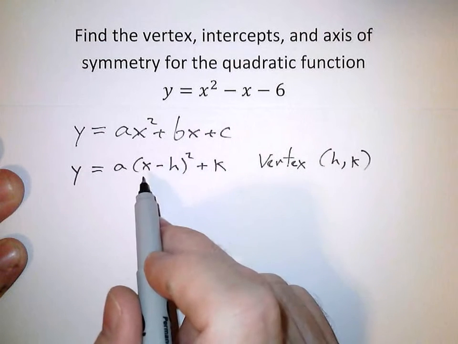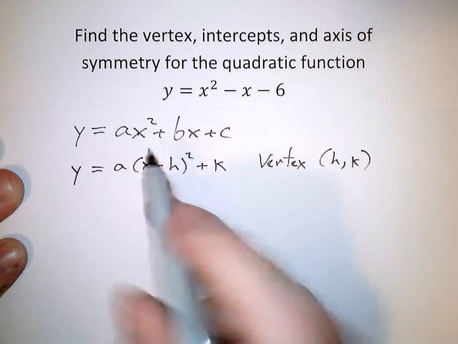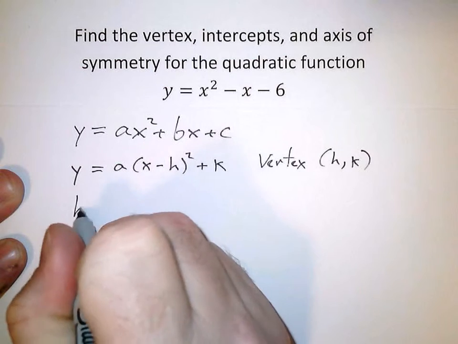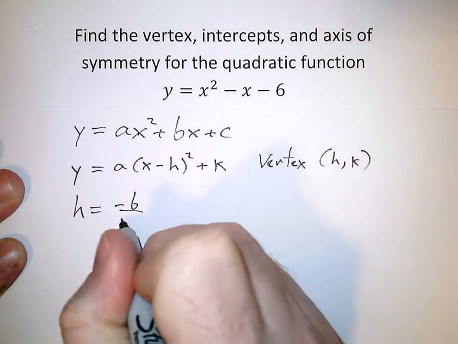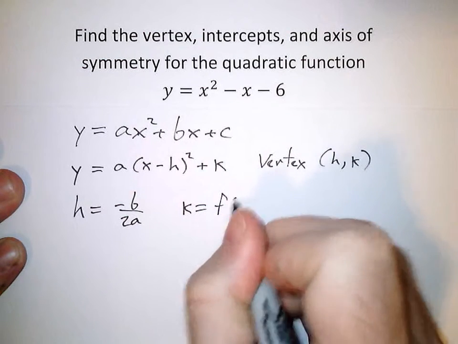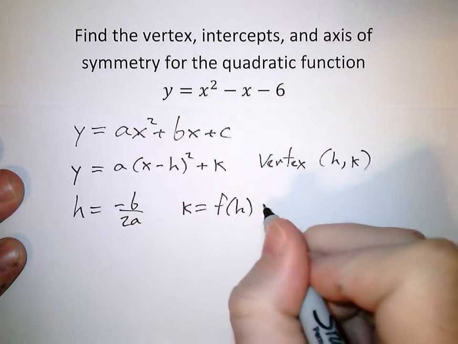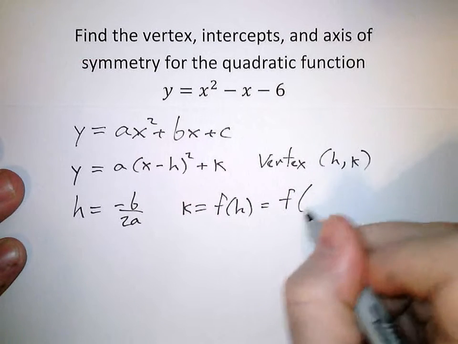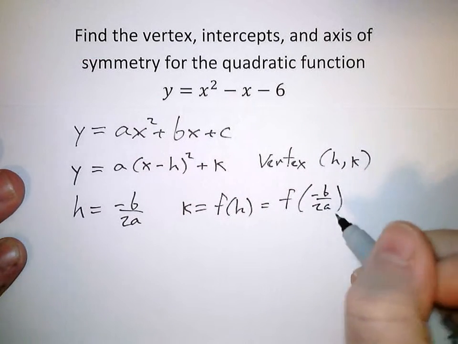So I could get this by completing the square, but instead I can say h is negative b over 2a and k is f of h, or f of negative b over 2a.